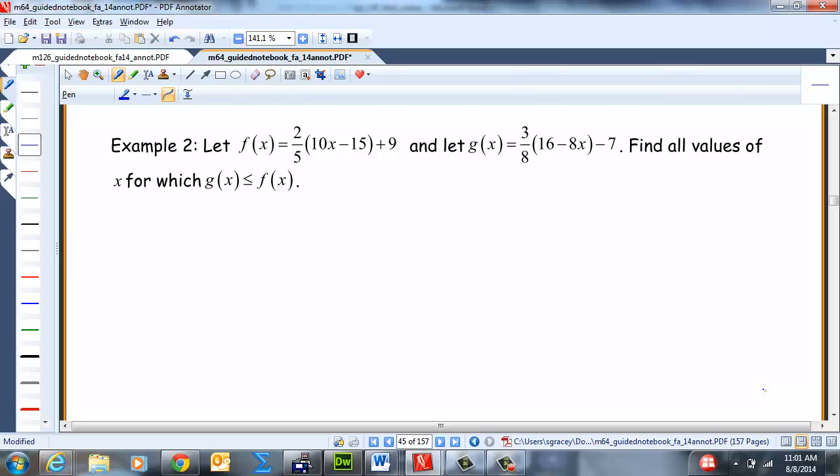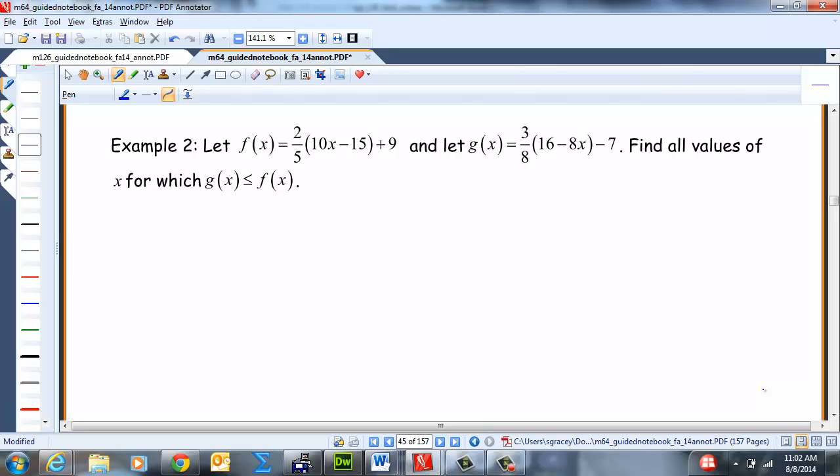Okay, so now this one, a little more complicated looking. We basically have f at x equal to this one algebraic expression, and g at x is equal to another. And we want to find all values of x for which g at x is less than or equal to f of x.